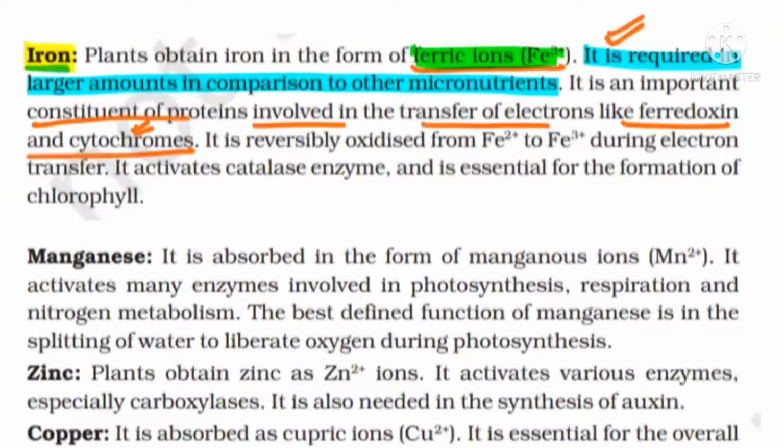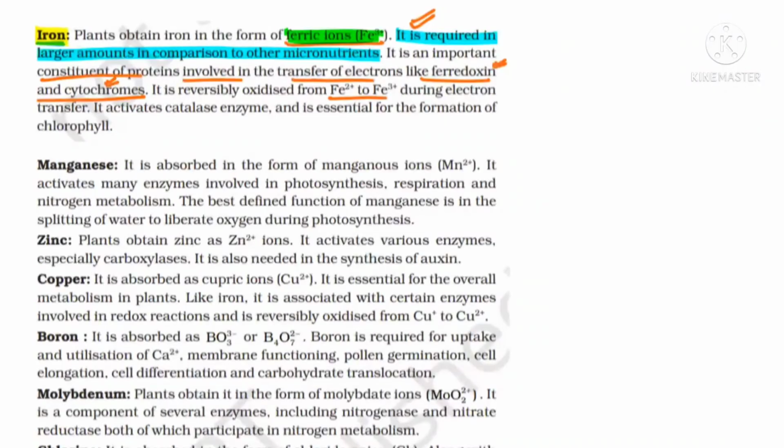Okay, cytochrome we have already studied in respiration beta, and ferredoxin we have studied in photosynthesis. It can be oxidized from Fe2+ to Fe3+. That is why it is used during electron transfer, because it is reversibly oxidized. Now it is activating which enzyme beta? It is going to activate catalase enzyme. Please focus.